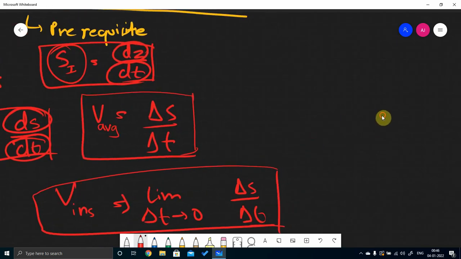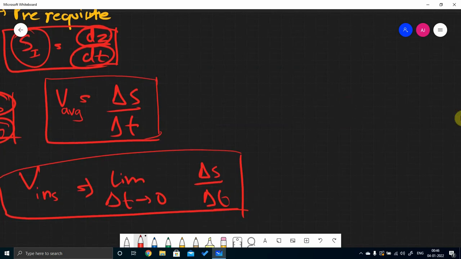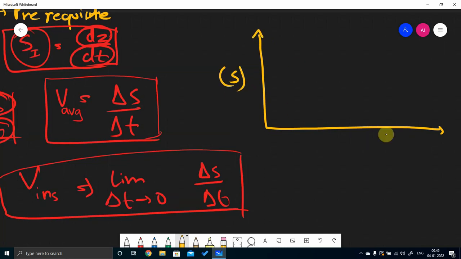But if I have to explain this, there's a simple way to understand this. Let's say we're looking at a graph, something like this. Let's say I'm plotting displacement along this and time along this, right? And let's say I'm getting the graph something like this.